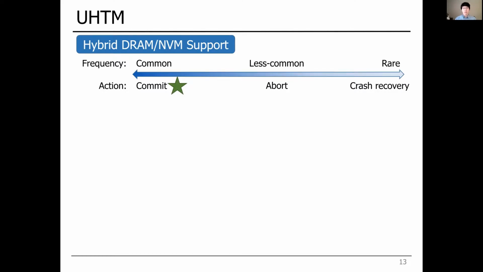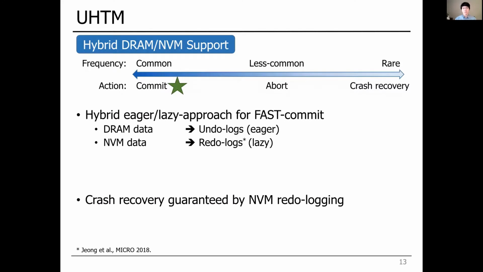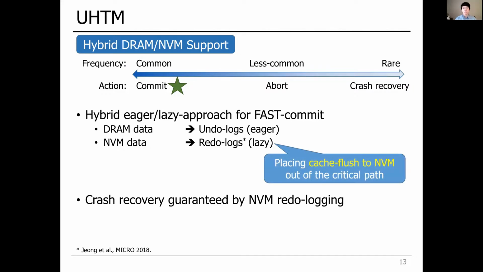To this end, UHTM presents a hybrid logging approach, which uses undo logging for DRAM data and redo logging for NVM data. While the commit of DRAM data completes fast with the eager approach, which overwrites data in place within the transaction, NVM commit becomes faster with the lazy approach, since it moves the costly cache flush off the critical path. UHTM also guarantees durability and crash consistency with NVM redo logging.